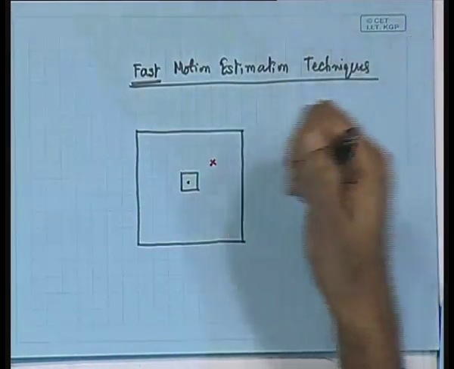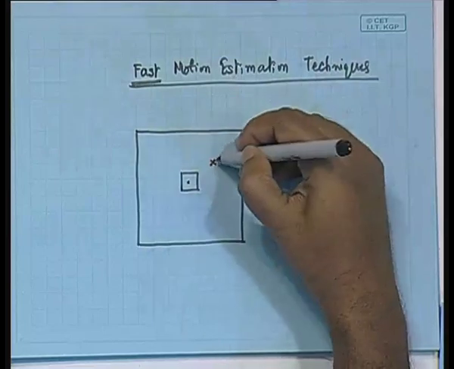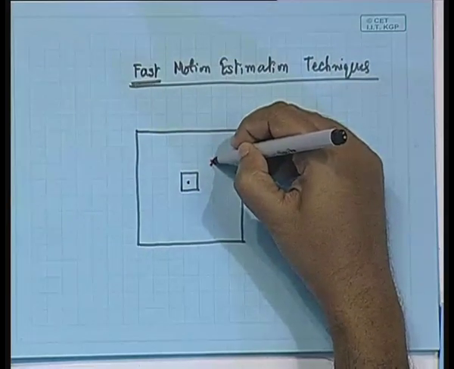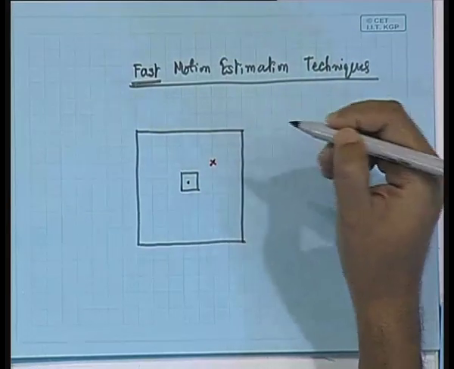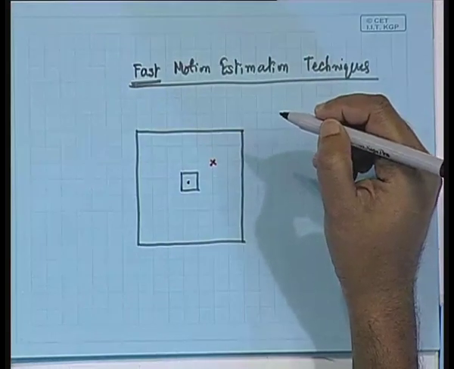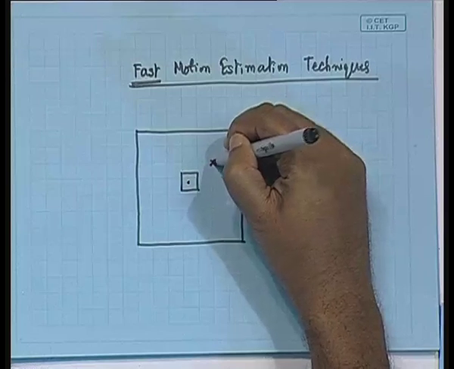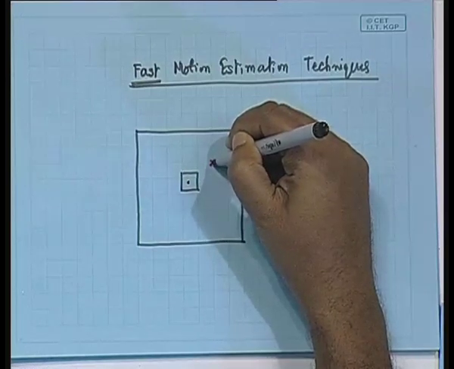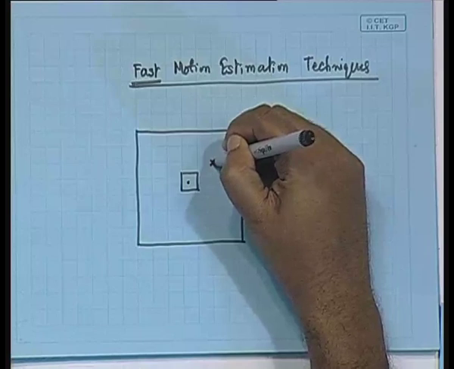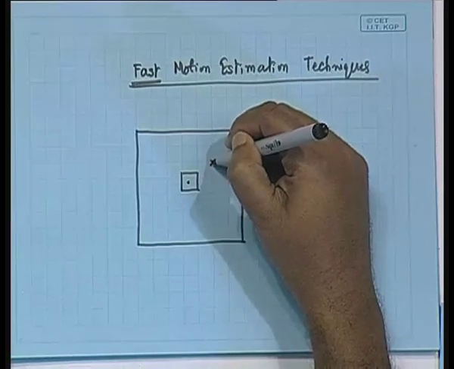Minimum means that this is the true search minimum of absolute difference, which would lie at this position. Now, the heuristic says that at this point you are going to reach the minimum. Now, supposing you do not choose this point for your matching, then are you going to lose everything?